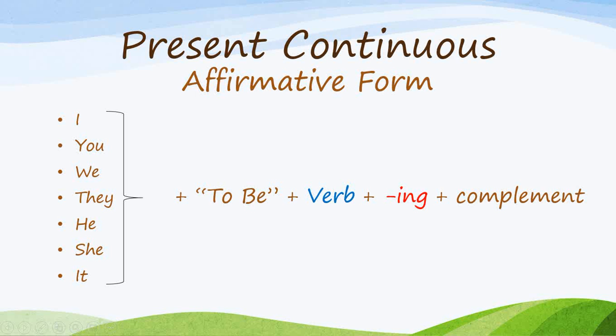So we have the next sentence as an example. I am washing the motorcycle. Okay? We can look at the subject, I, the verb to be, am, the verb wash with the ending ing. That becomes washing the motorcycle.